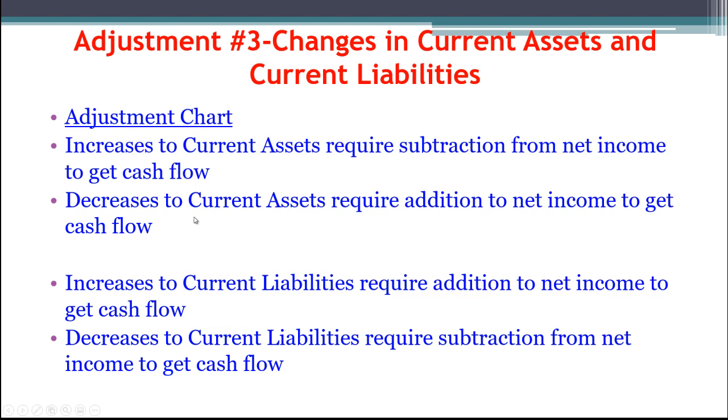So what you can take away from that is that whatever happened to your current assets, do the opposite to net income. If you increase the current assets from year to year, decrease it out of net income to figure out what the true cash flow is. Now, current assets and current liabilities are opposites, so you can imagine they have the opposite impact. Increases to current liabilities increase net income. Decreases to current liabilities decrease net income.